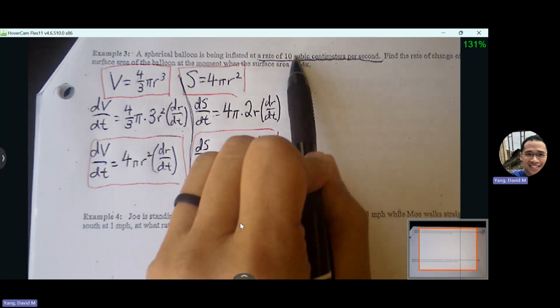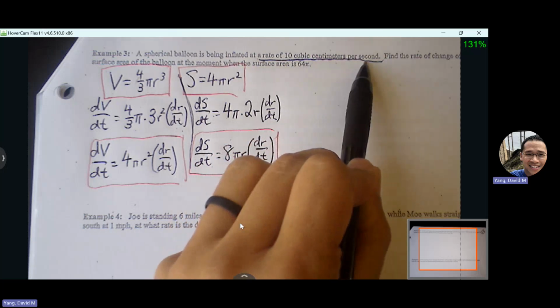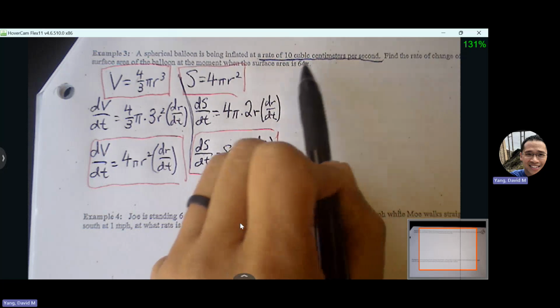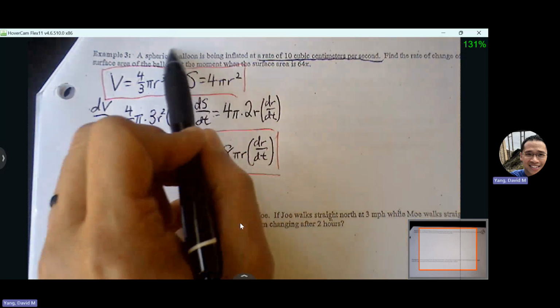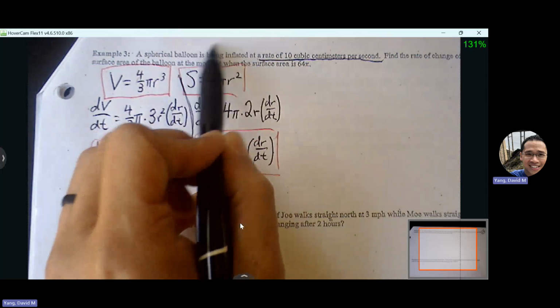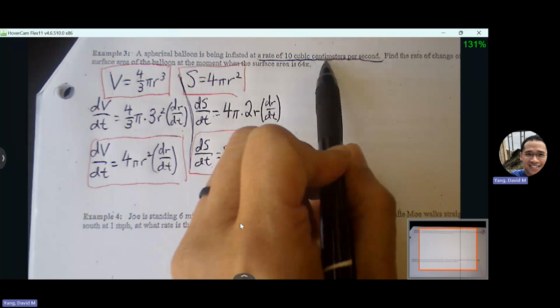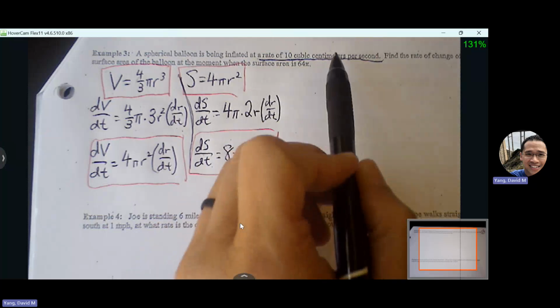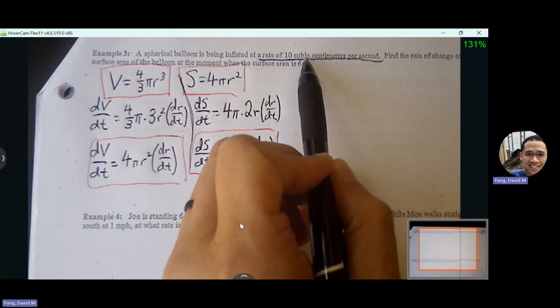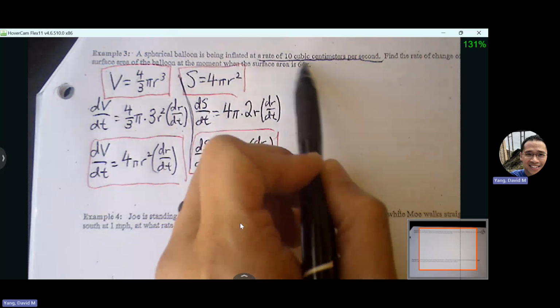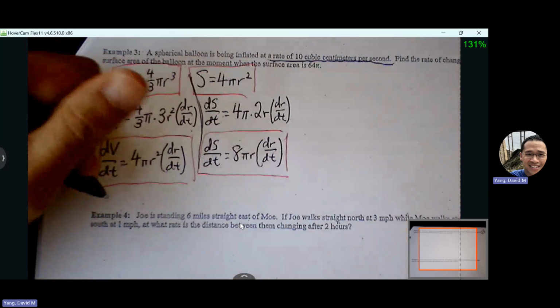So that's volume, per second. So it's dV over dt, right? Even if this is not enough to help you decide what's going on, the units should help you a lot. Cubic centimeters, it can't be surface area. If it were, it would be square centimeters, but cubic, it's got to be volume. So it's got to be dV over dt.